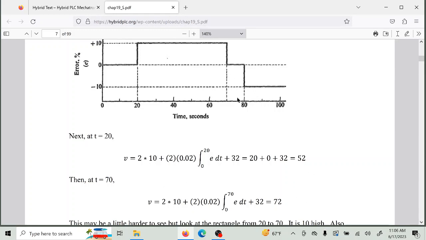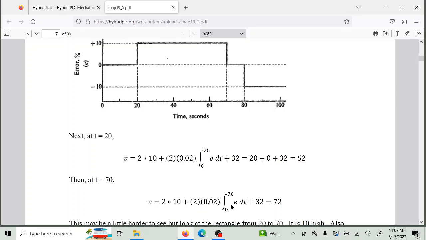Now what happens at 70? Well, at 70, we have time where we build up the integral of the error. So at 70, we've still got our error at 10. So it's 2 times 10, or 20, plus 2 times 0.02 times the integral from 0 to 70 of the error, which is time. The time from 20 to 70 is 50.